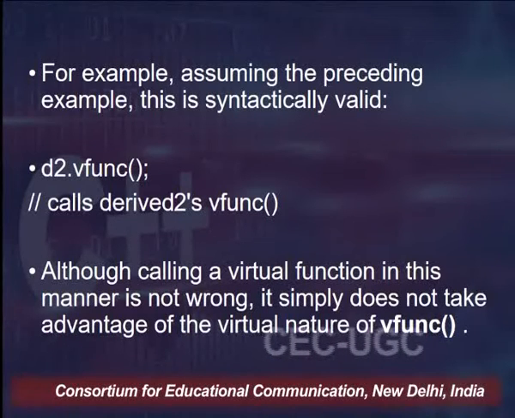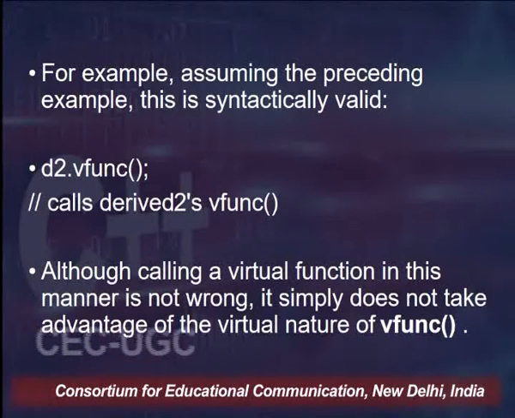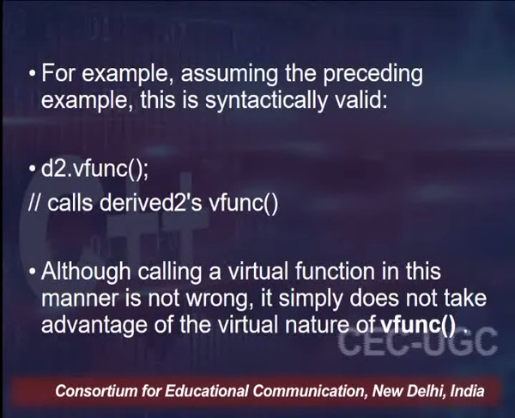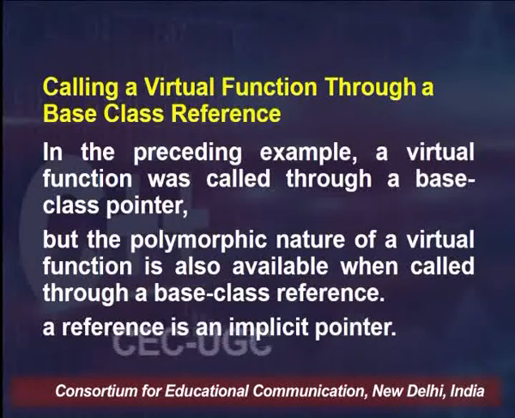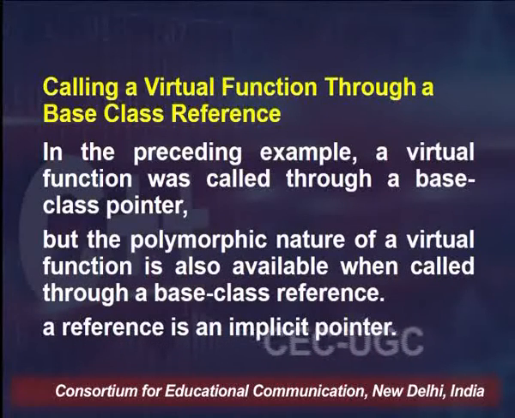So till this point we have seen that this whole mechanism can be attained with the help of a pointer. Now whenever I am saying something about a pointer, I am also insisting on the word reference, because this whole situation can also be attained with the help of a base class reference.